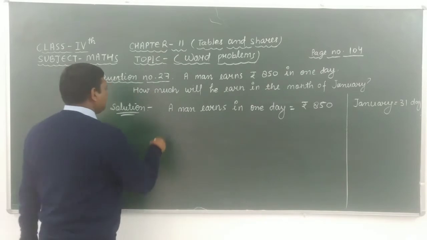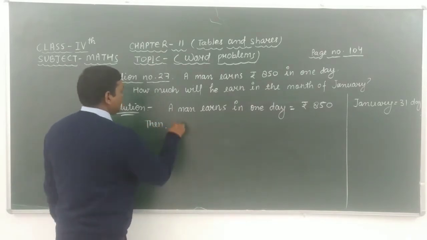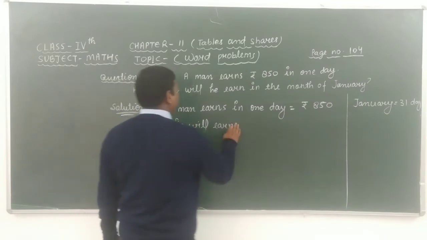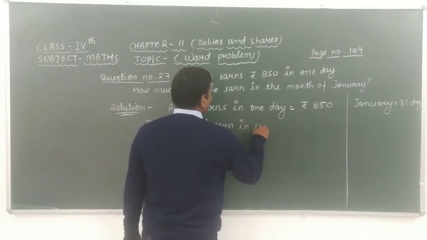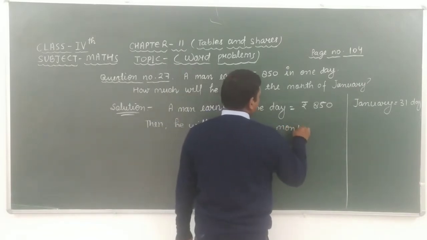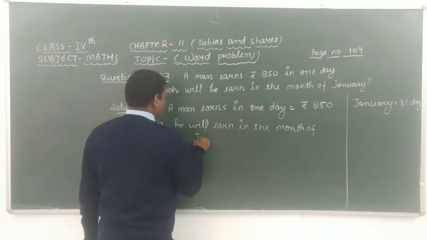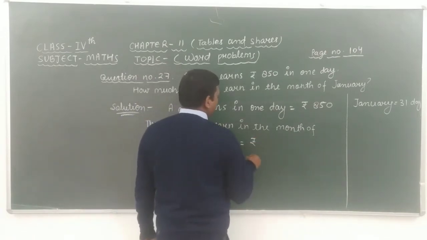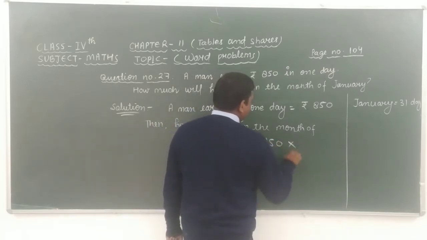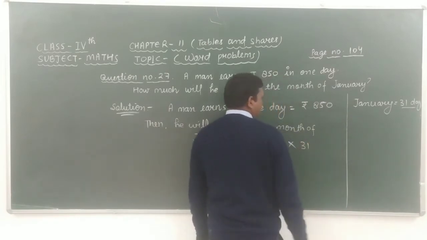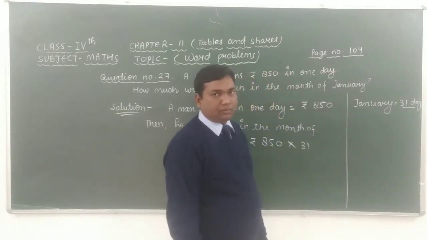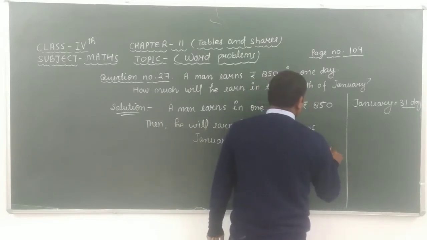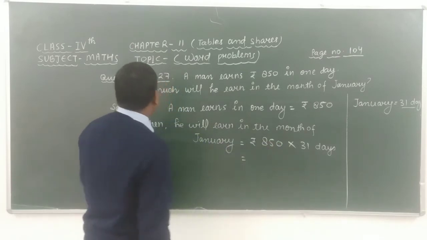Then he will earn in the month of January is equal to, look here carefully, the multiplication of rupees 850 by 31 days, because the month of January has 31 days. After multiplying these we get the answer of this question.